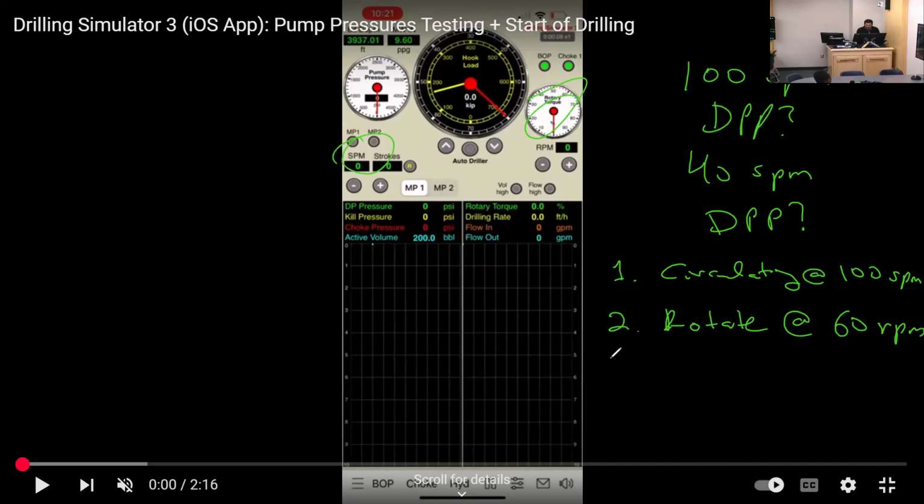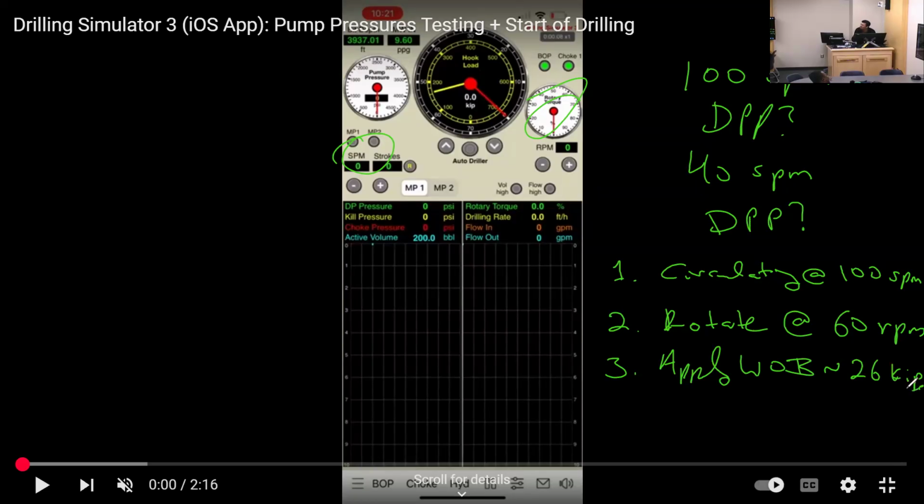Step number 3 is apply weight on bit. Let's just say I will move this needle to something like 26 kips.